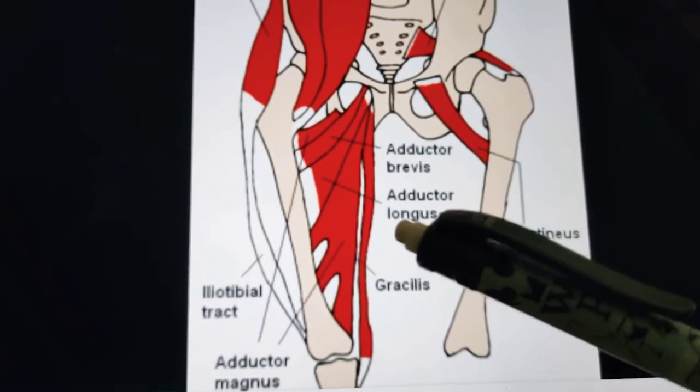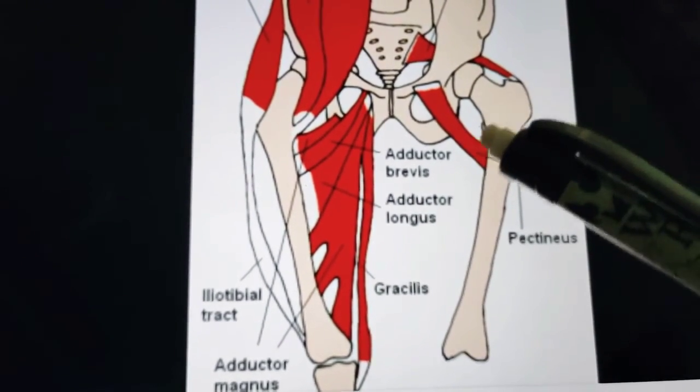Adductor longus by the anterior division. Gracilis by the anterior division. Pectineus by the anterior division.